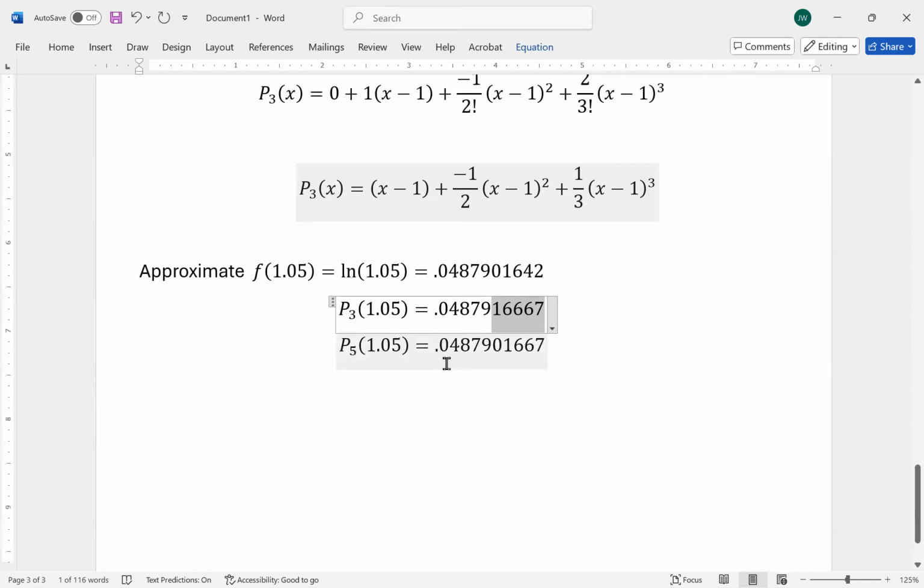With degree 5, I was off at the 1, 2, 3, 4, 5, 6, 7, 8, ninth decimal spot. So what's that tell us? Well, that tells us that when we go up degrees, we get slightly better approximations, which should be fairly obvious because we're forcing more and more derivatives to be the same. So as you go up in degree on your polynomial, you'll get better and better approximations in general.